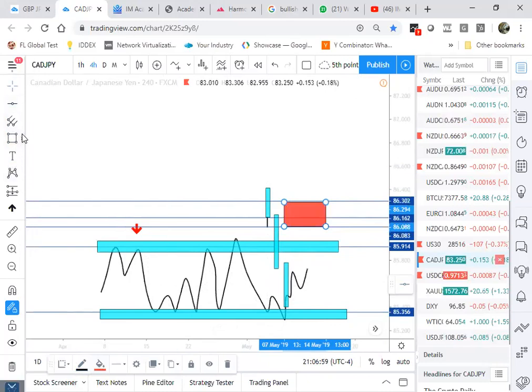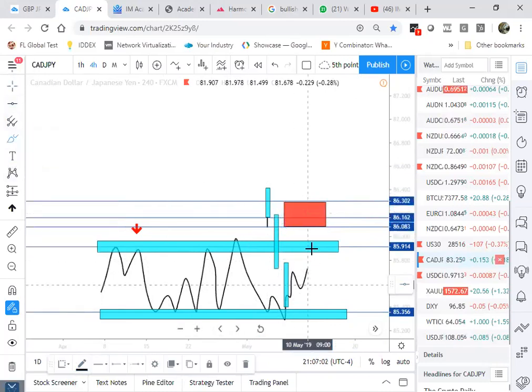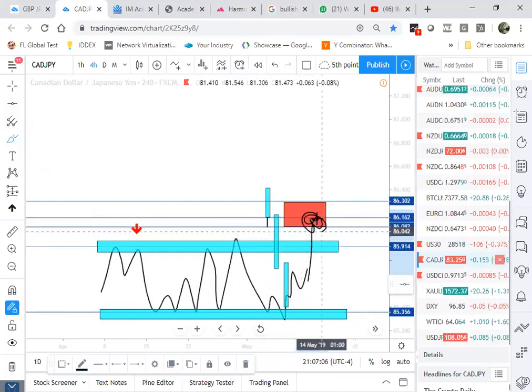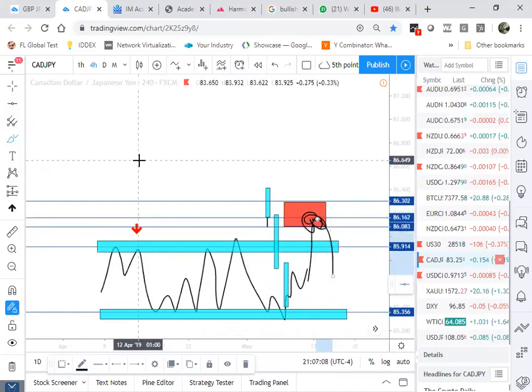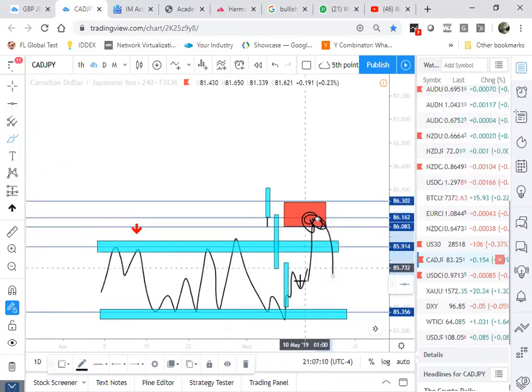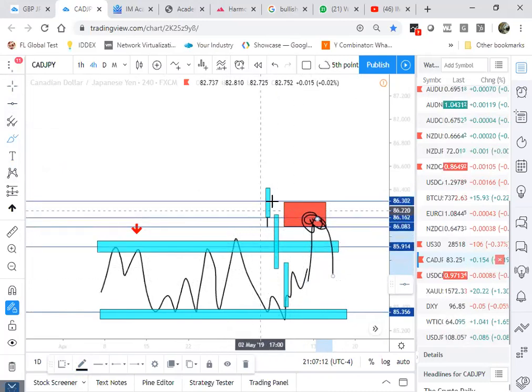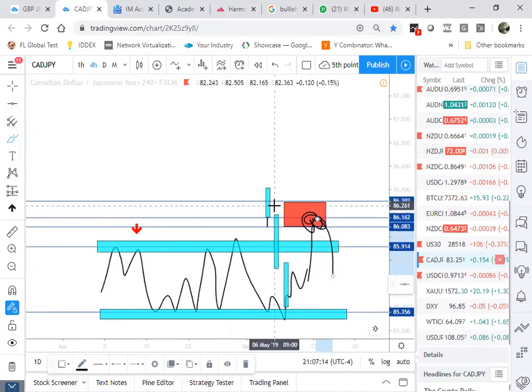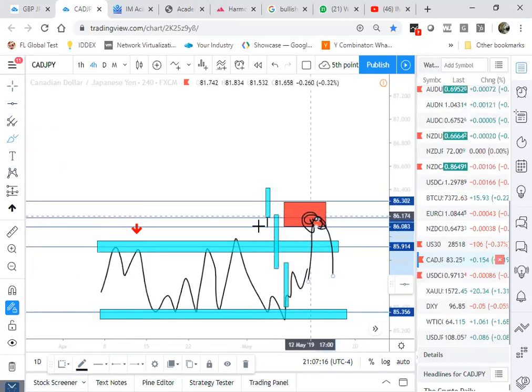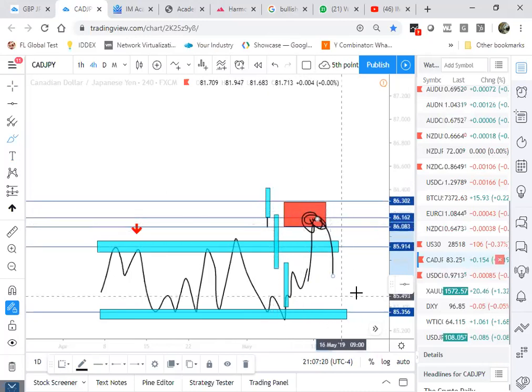Price could come back up and balance here, right? And then continue back down. So when price comes back up and hits that area, it means that it's balancing, it's mitigating the previous buy candle here as it goes to sell.